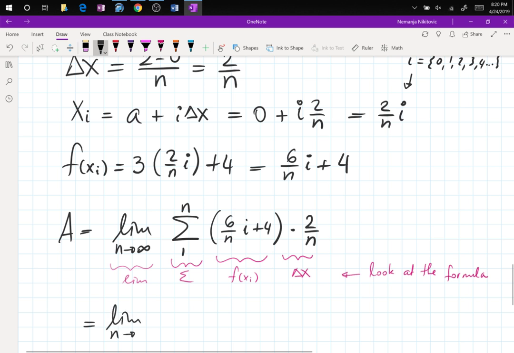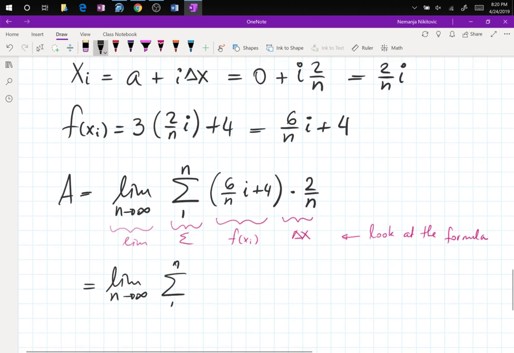Limit n goes to infinity, summation 1 to n. The only thing I can do here is to multiply this in. So I have 12 over n squared i plus 8 over n.